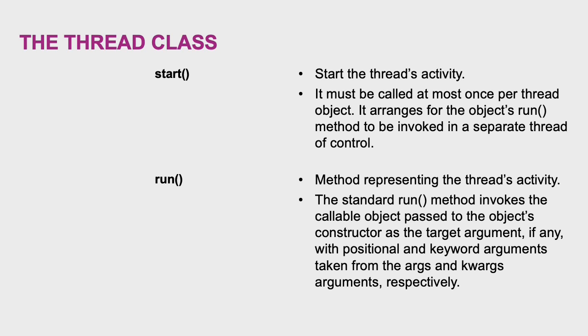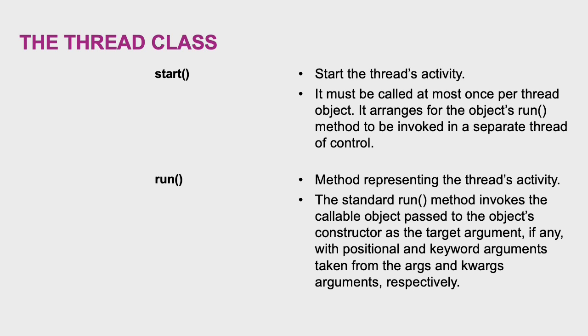As we said before, once a thread is created, its activity must be started by calling the start method. And this method invokes the run method in a separate thread of control. Now, let's have a look at this method. The start method is in charge of starting the thread activity. It must be called at most once per thread, and it arranges for the object's run method to be invoked in a separate thread of control.